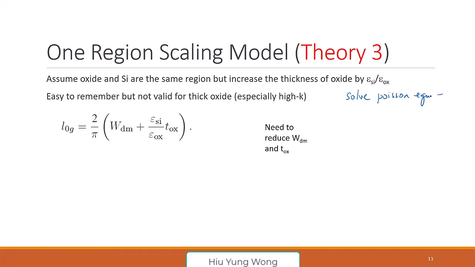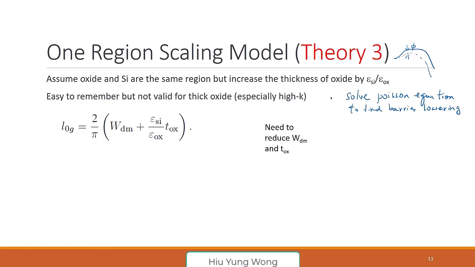Because they need to find out the barrier lowering, right? They want to see how much the barrier is changed. That is what we are talking about here, right? The delta barrier, right? How much is lower? That's why you need to solve the Poisson equation.